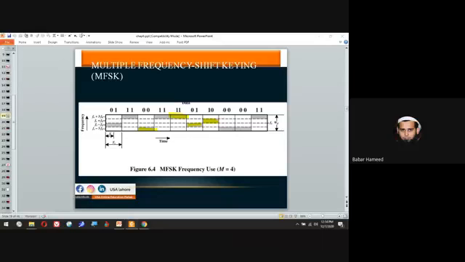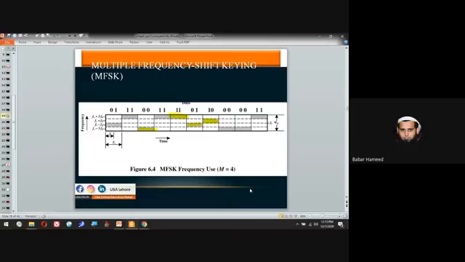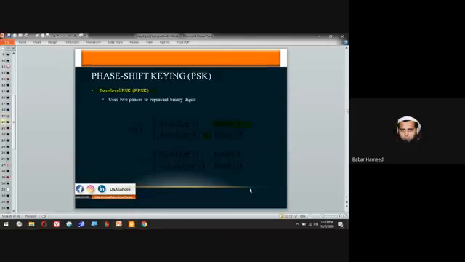Here you can see on left side that there are frequencies being decided for what level, what frequency will be transmitted. So hope you got the idea of MFSK.